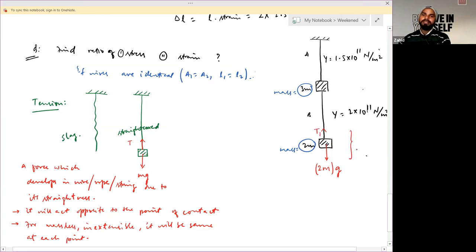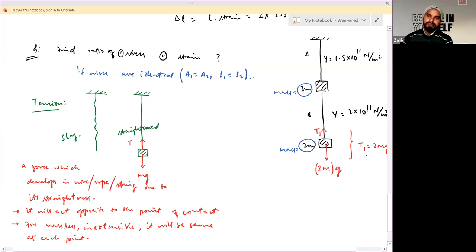At this point, total upward force and total downward force will be equal as there is no movement in this block. So T1 will be equal to 2mg. And this will be responsible for stretching or deforming this particular string or wire. So this will be termed as deforming force.